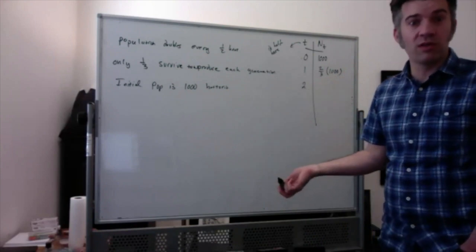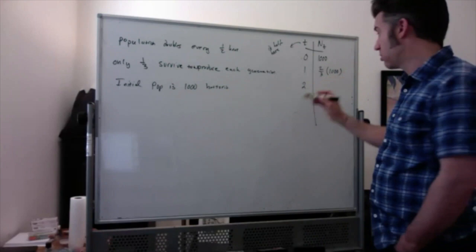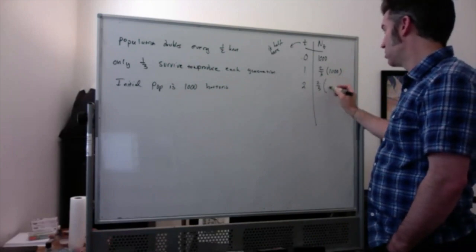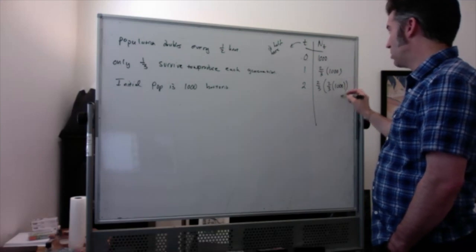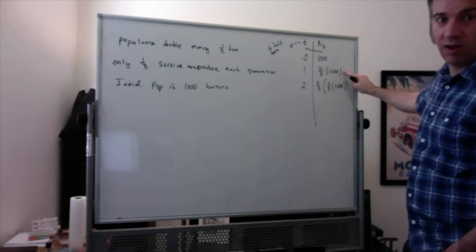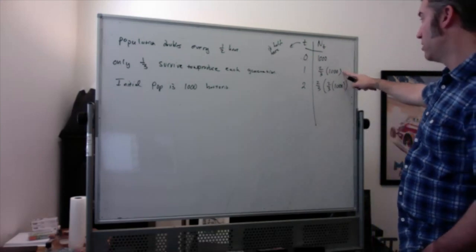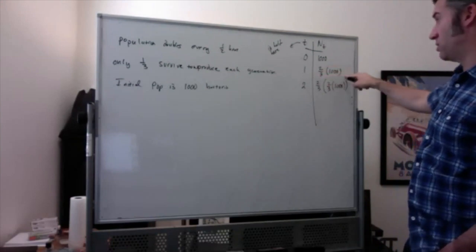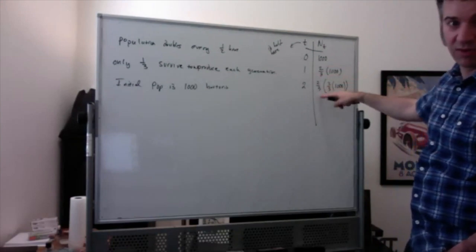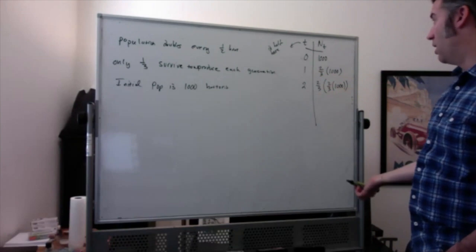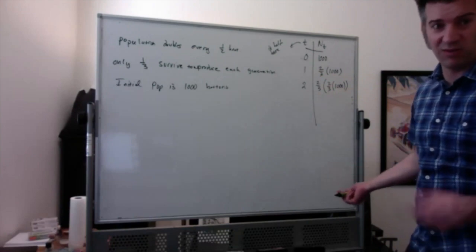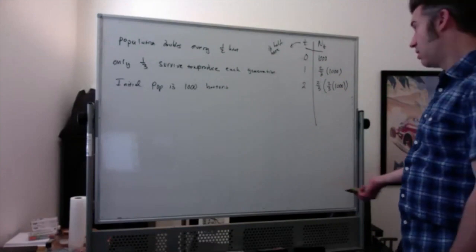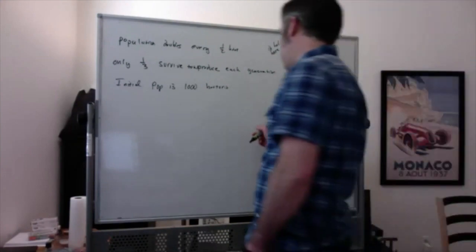We're going to have 2/3 of what we had before. Because however much we had, a third of them are going to survive, and then they're going to double. So we're going to have 2/3 of 2/3 of 1,000. Which doesn't look good for the bacteria, right? Every time you're going to have 2/3 of what you had before.